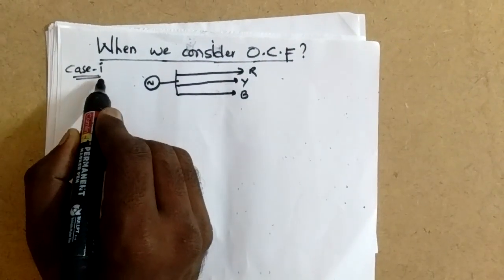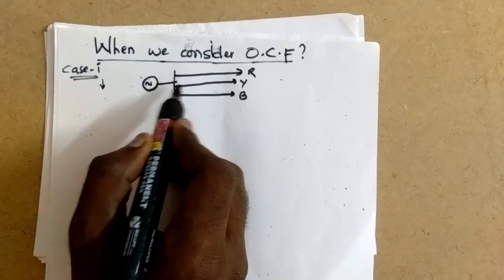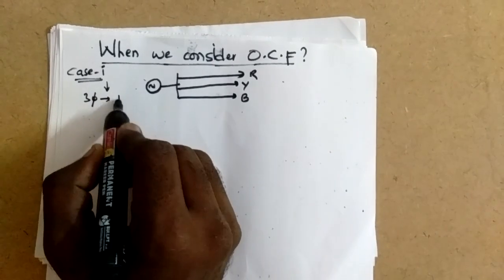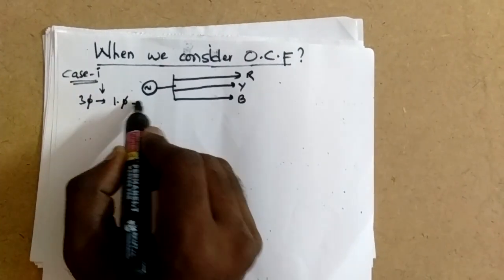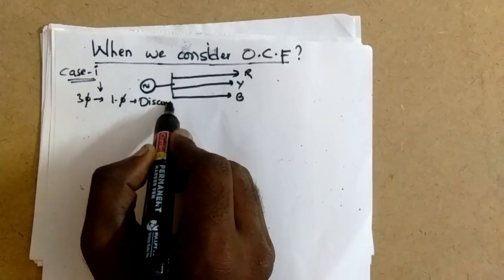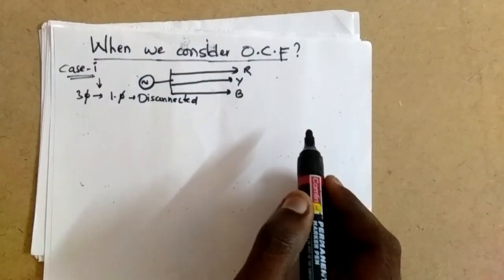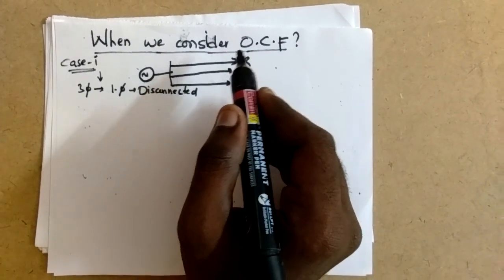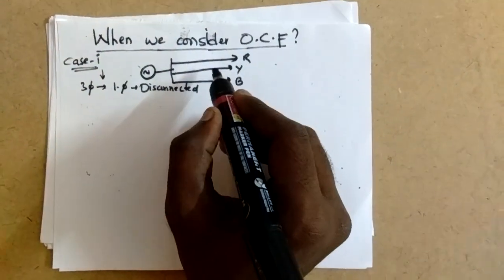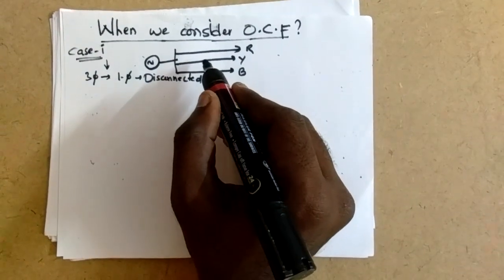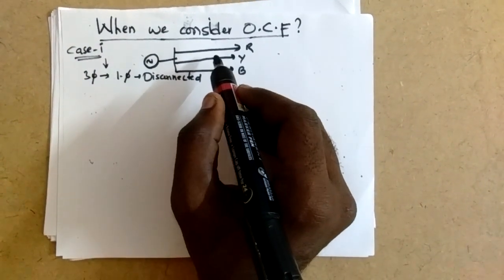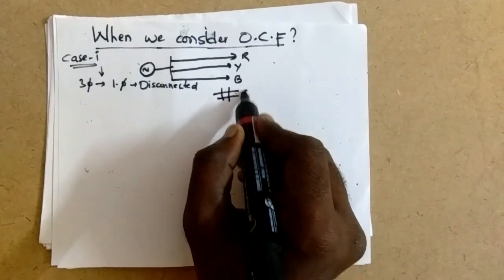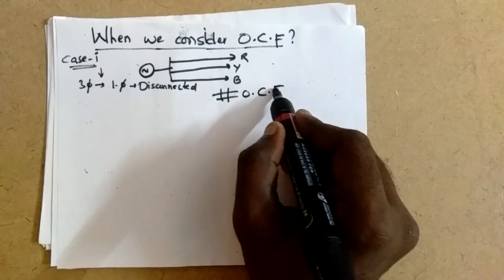Case 1 is when any one of the three phases gets disconnected, which may be due to the loss of lines in practice. Then it is considered an open circuit fault.